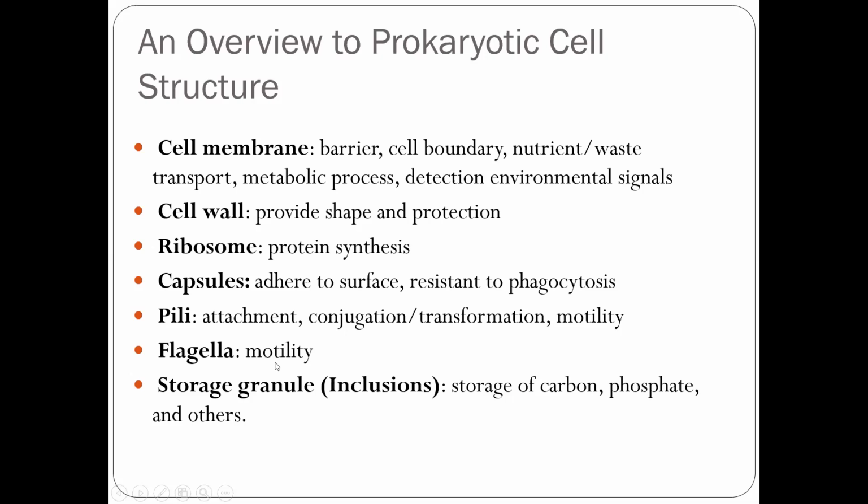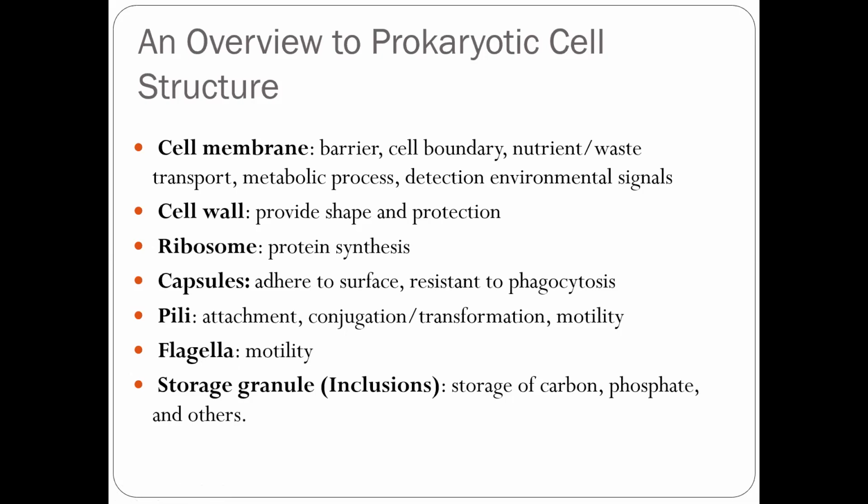Flagella are about real motility, real movement. If bacteria have more flagella, it indicates a stronger moving ability. For example, Proteus vulgaris has much stronger mobility compared to E. coli because the flagella of Proteus vulgaris cover the whole surface.